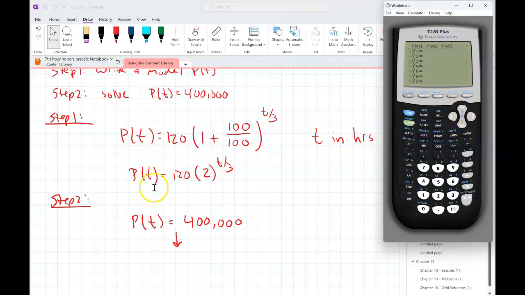So if I'm going to do this graphically, I'm just going to put the left-hand side of my equation into y1, and the right-hand side of my equation into y2. Everybody's good with that? Okay.